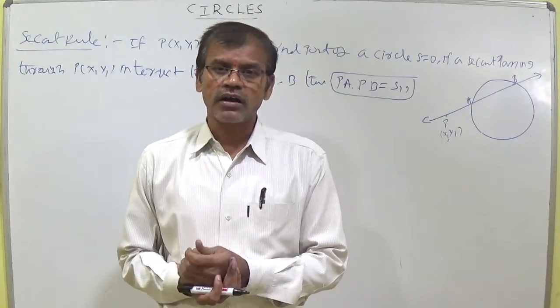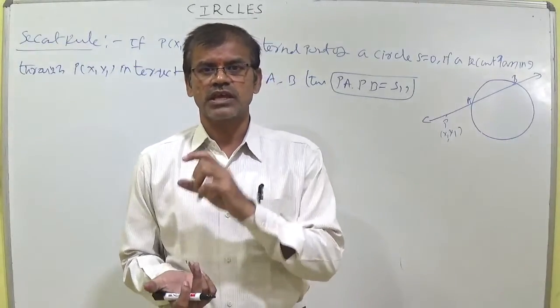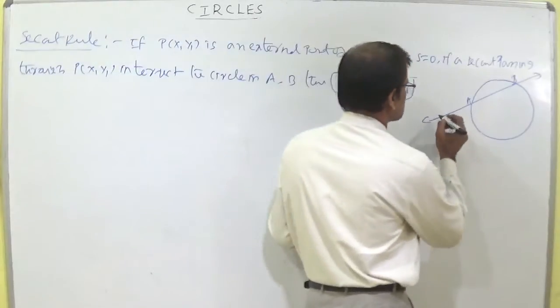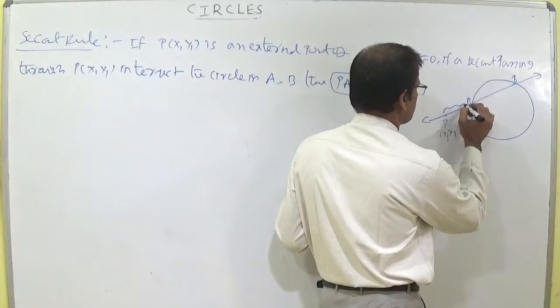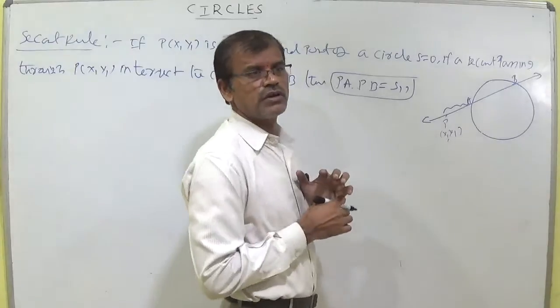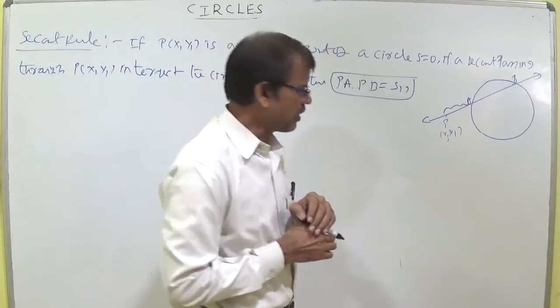What is r? The distance from the given point to whatever point we are considering. So P(x1, y1) is there. This is a point on the circle, which we generally think of as (x, y).